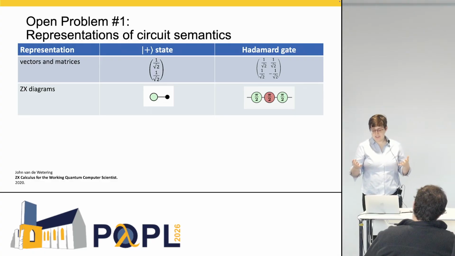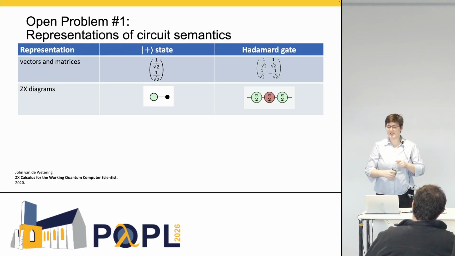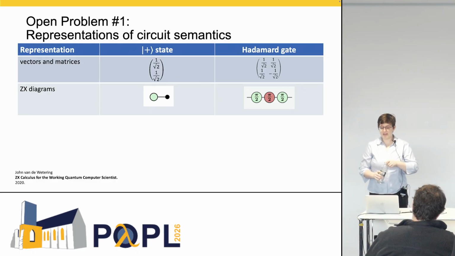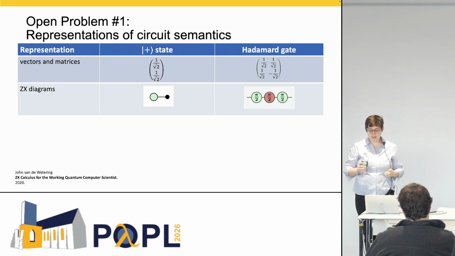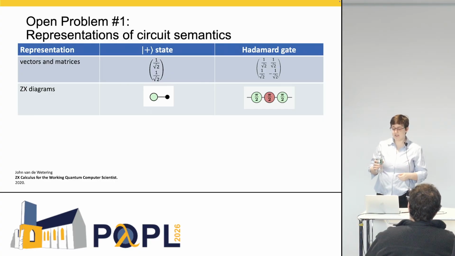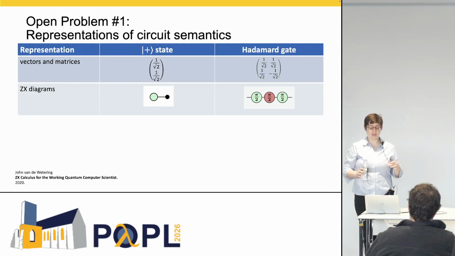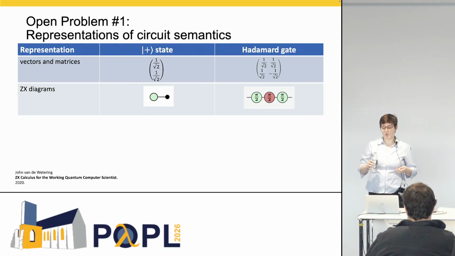And equivalences in the calculus are represented really nicely in pictures. So it can be nice to work with on paper. Equivalence in the ZX calculus is not tractable in the general case, again, but a lot of work explores how to build tractable subsets of rewrite rules and heuristics for diagrams of particular shapes.